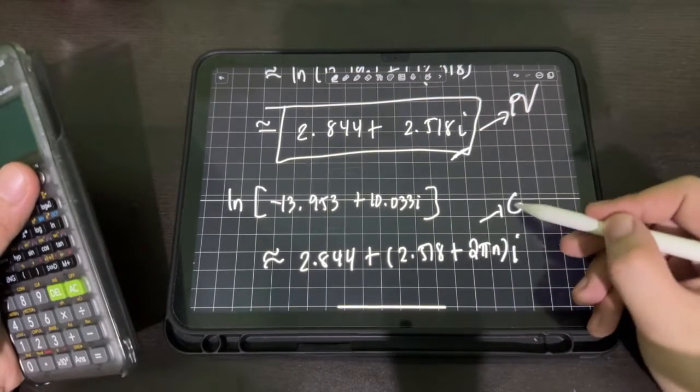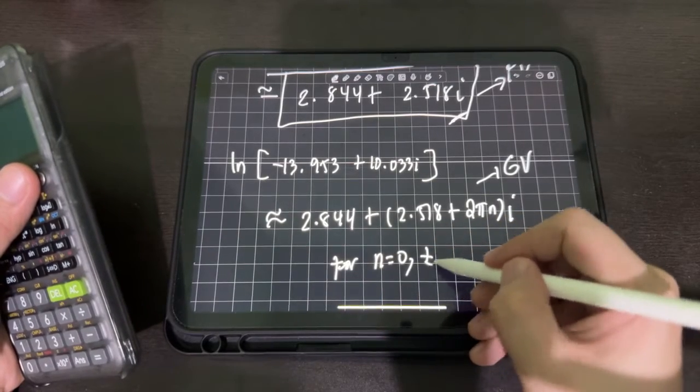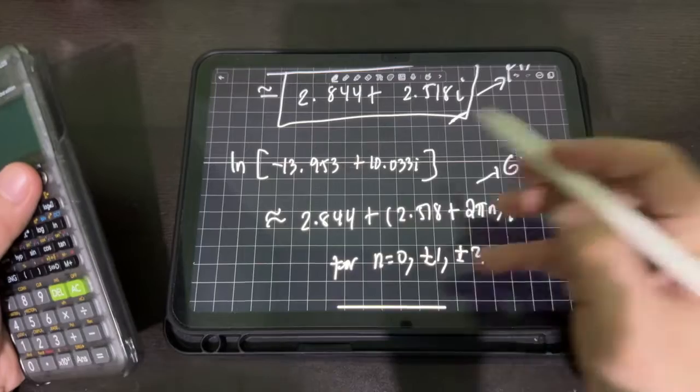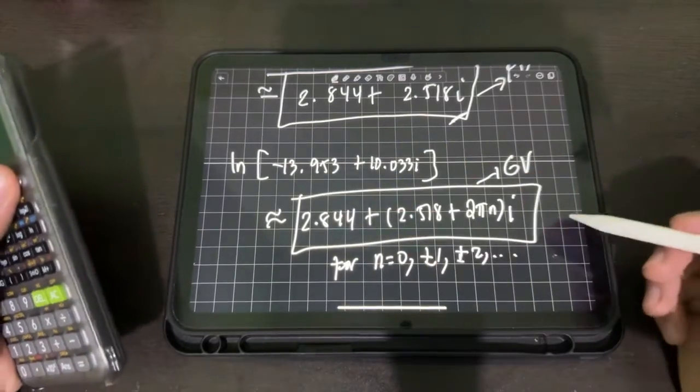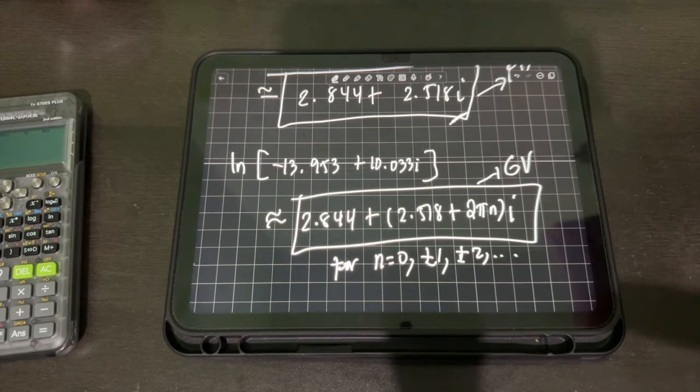Okay, general value for n equals 0, plus minus 1, plus minus 2 and so on. So this is the final answer for the general value of the arccosh for the second set of answer.